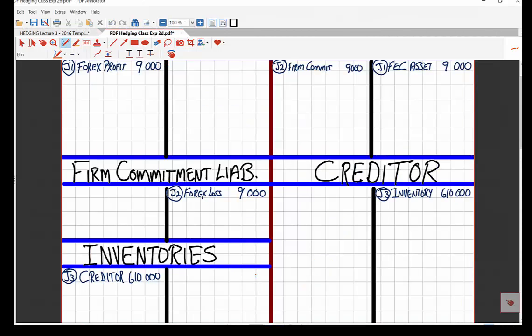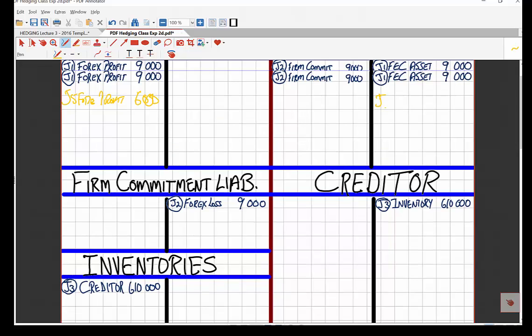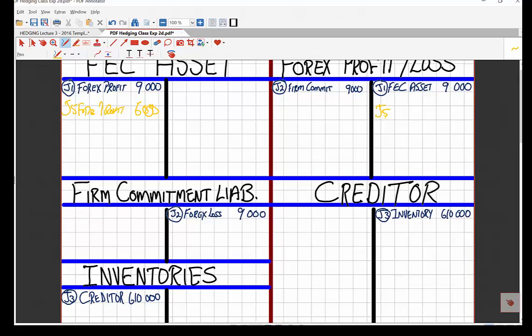Firstly, the FEC. Okay, journal number 5. Again, forex profit, and in this case it is 6,000 as we calculated, and there you'll have journal number 5, FEC asset, and it is 6,000.